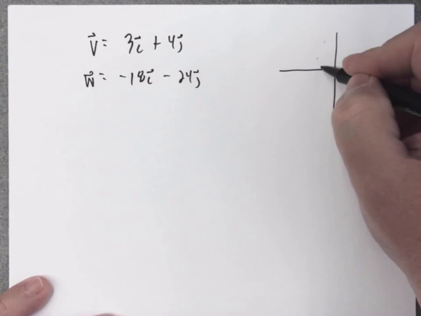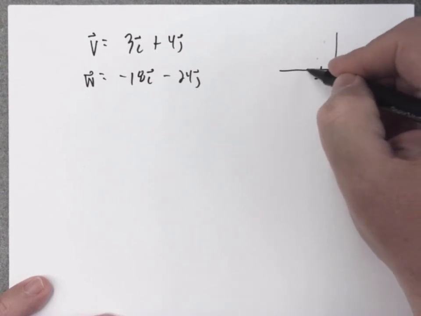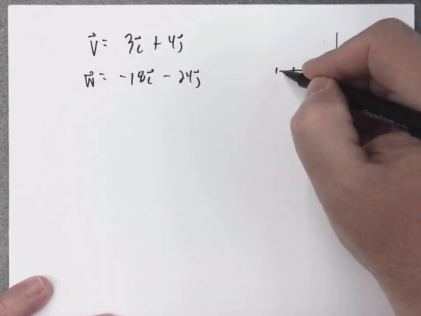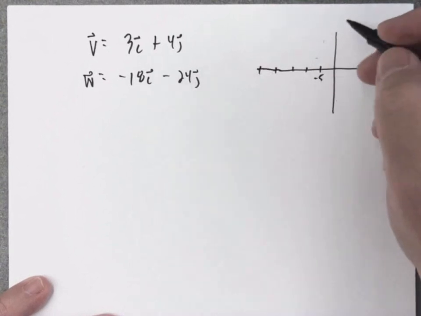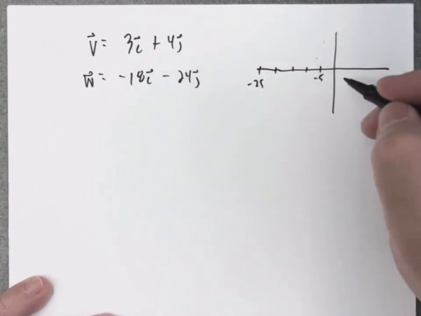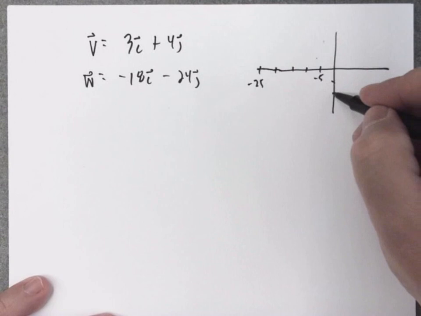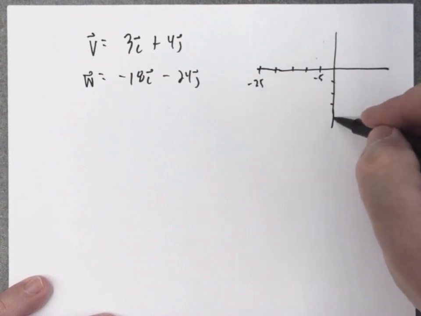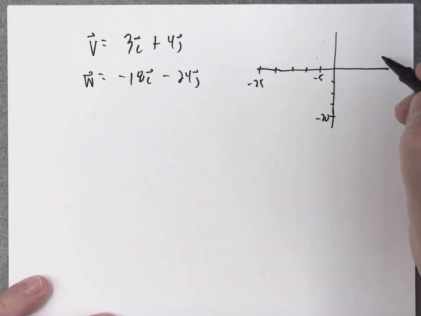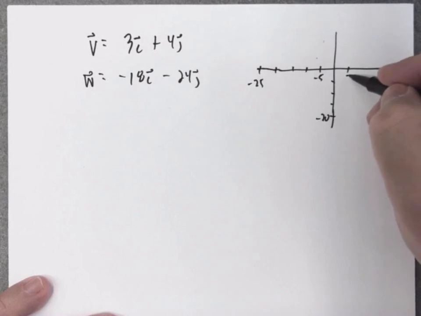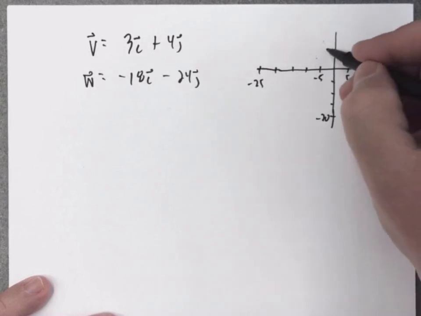So maybe we'll go 5, 10, 15, 20, 25, and -5, -10, -15, -20. So 5 and 5.